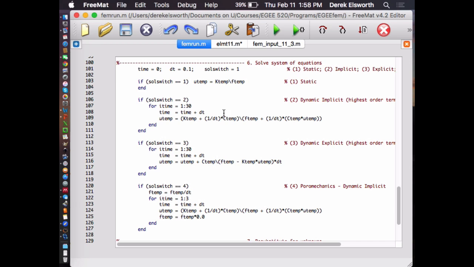If we make the time step equal to something else, then this is the one we looked at last time. We did 30 steps. We increment each time by delta t, whatever we choose. We calculate a value of the conductance matrix, and we divide it by the load vector. That's basically what we do, right? F equals KU.